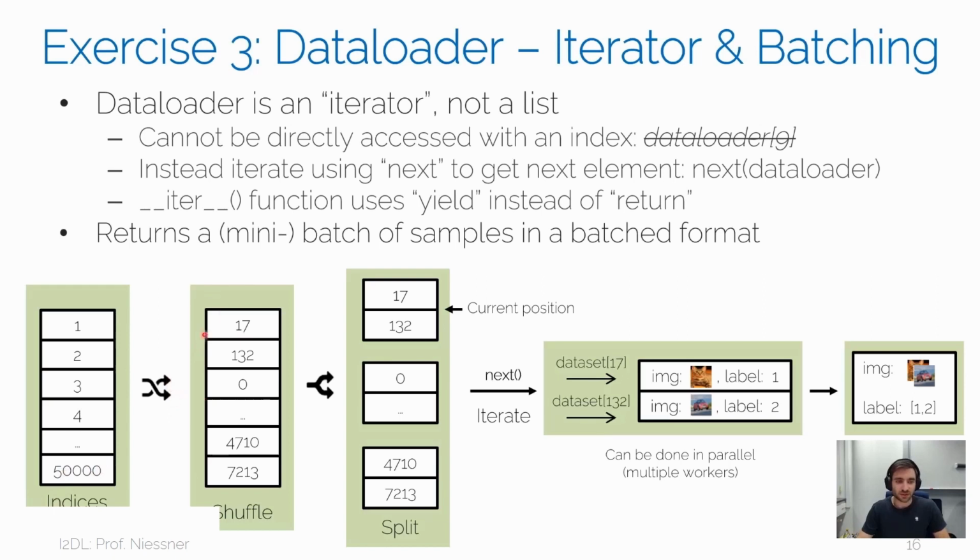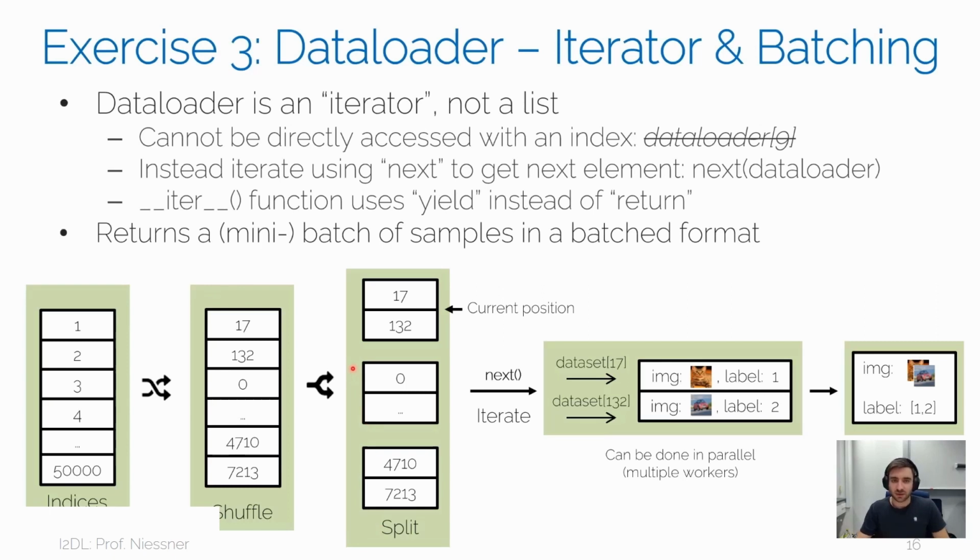In the first step, we shuffle this list and have arbitrary numbers in the list. Then we split them into mini batches, which can be defined by how many images or samples you want per batch, basically splitting them into small subsets.